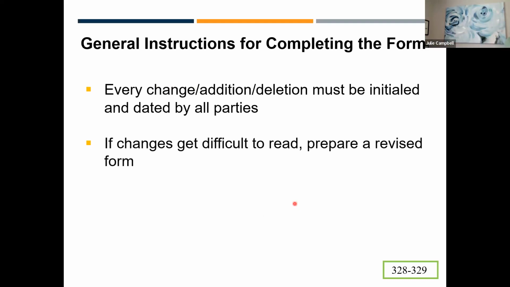If it gets difficult to read, prepare a novation, a new contract that substitutes for the one that you can't read. Keep the one you can't read, never throw anything away, but prepare a revised form that everybody can see.